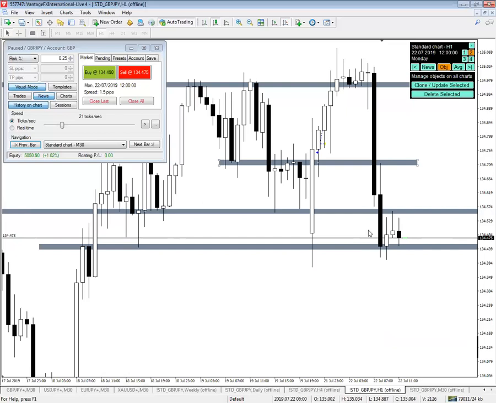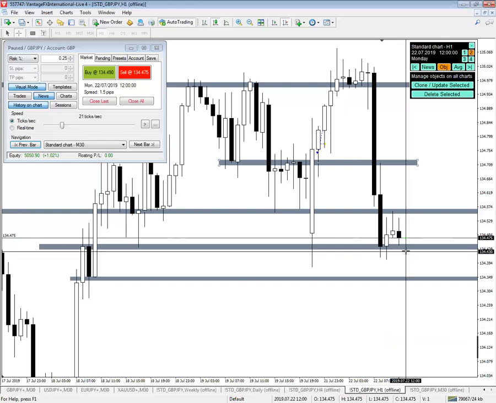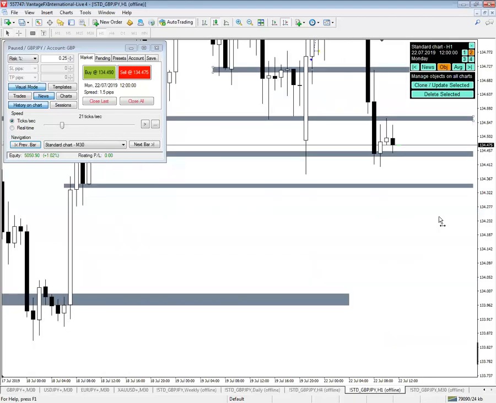So what we're looking at now is if we can break below this hourly support, then we've obviously got clean candles coming down to the next area, which is not a big enough range, only like 10 pips.